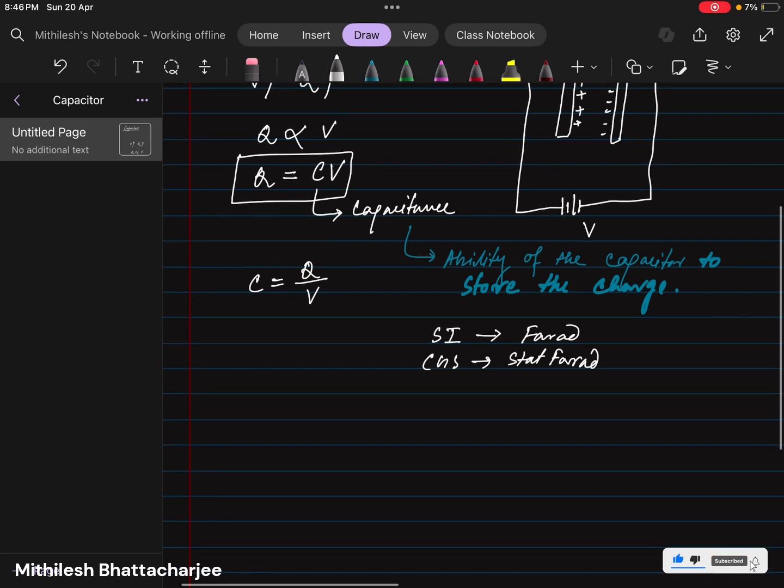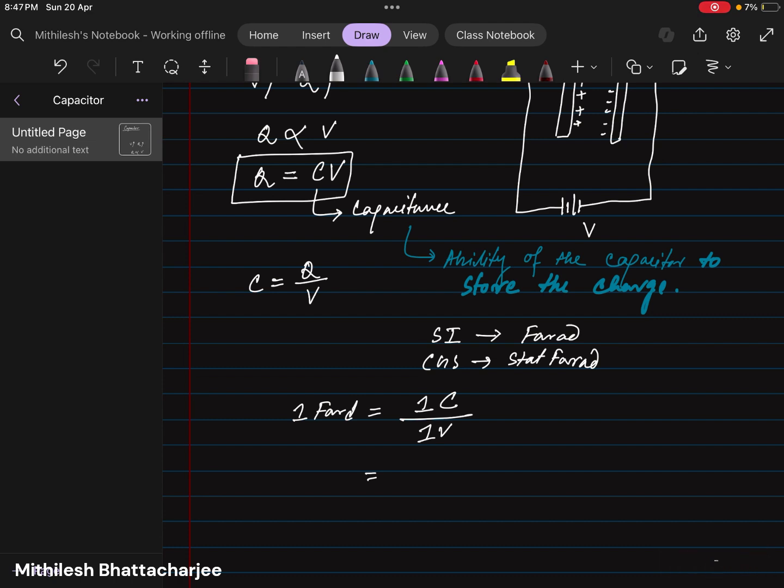Now see, 1 farad is equal to 1 coulomb by 1 volt, because Q by V means charge by voltage. If we change 1 coulomb into CGS, then we can write 3 into 10 to the power 9 statcoulomb, and 1 volt is equal to 1 by 300 statvolt in CGS.